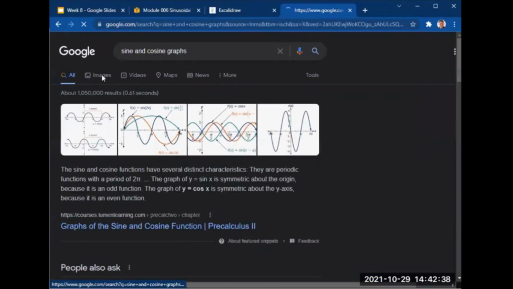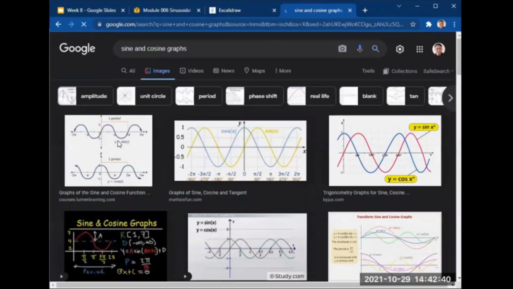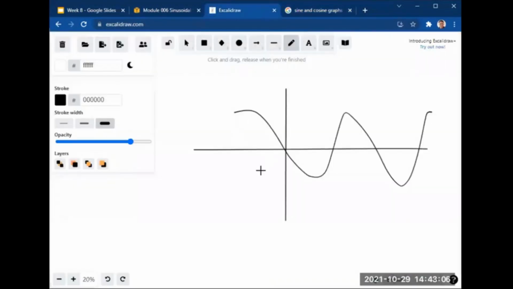Okay, so this one, the sine and cosine. They're not really the same because, if you can recall, for example, at 90 degrees, cosine 90 is 0, sine 90 is 1. Cosine 0 is 1, sine 0 is 0. So this is the difference.